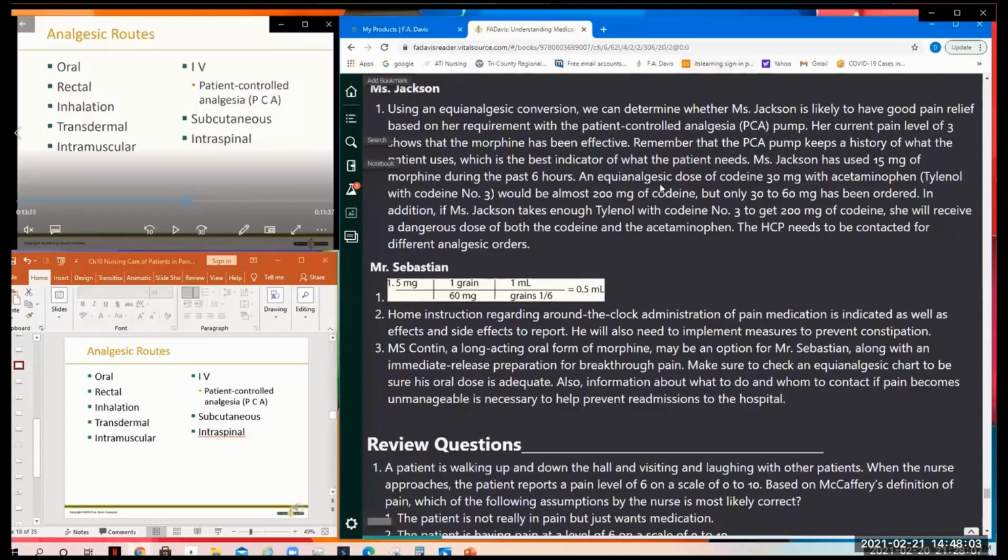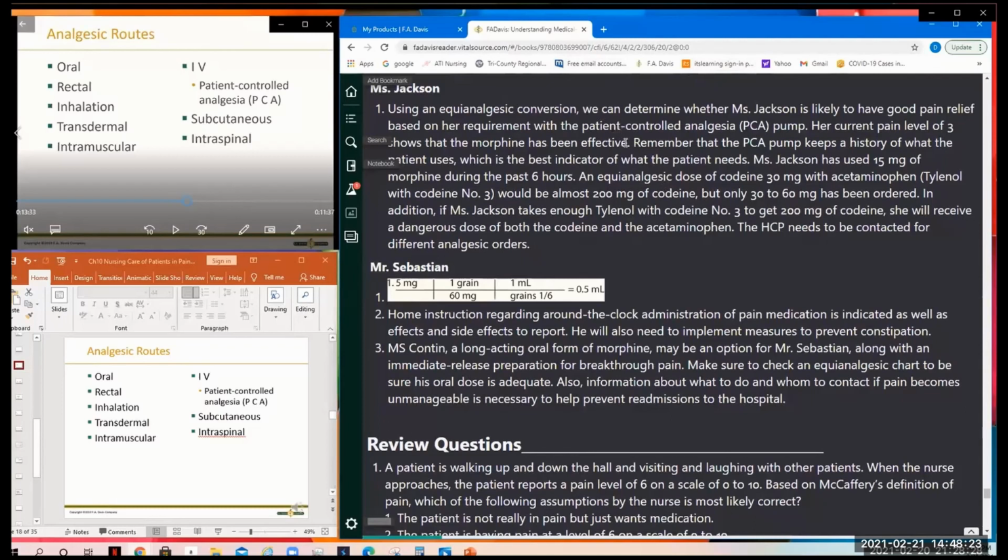Okay, this is on page 140 of the book. 1, using an equianalgesic conversion, we can determine whether Miss Jackson is likely to have good pain relief based on her requirement with the patient-controlled analgesia pump.